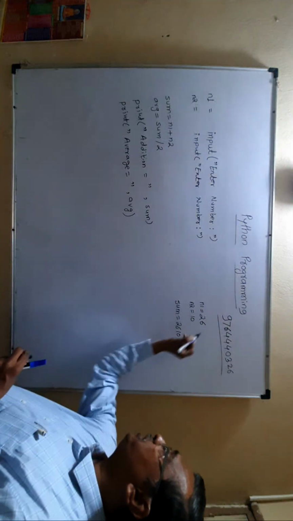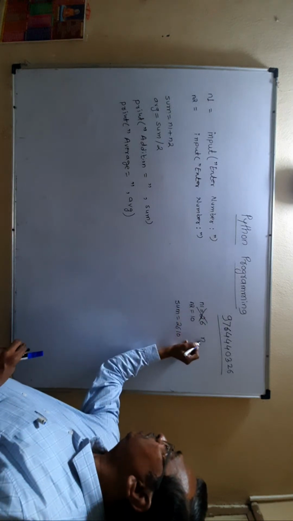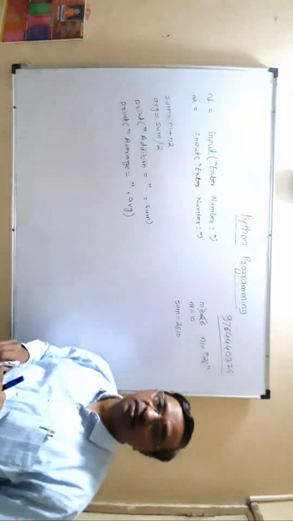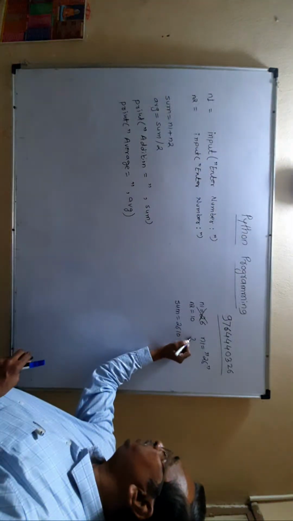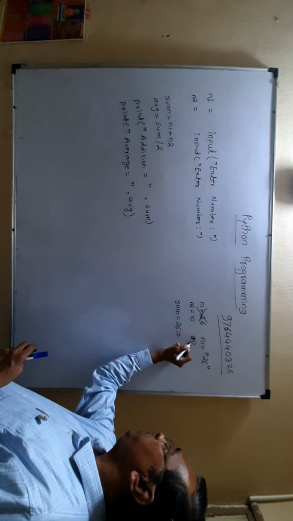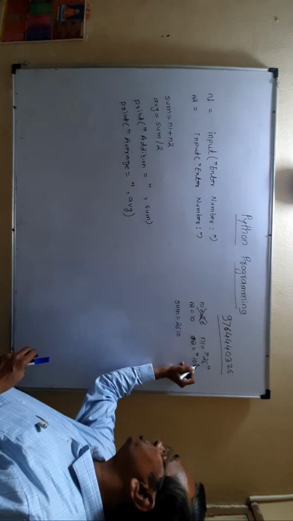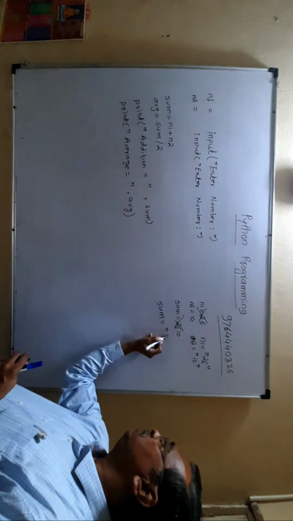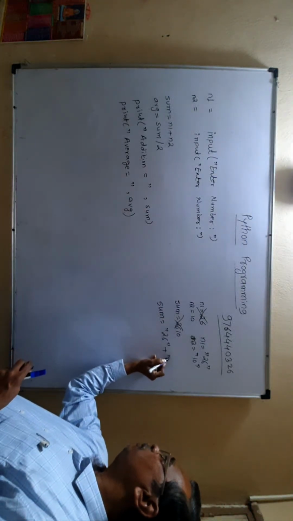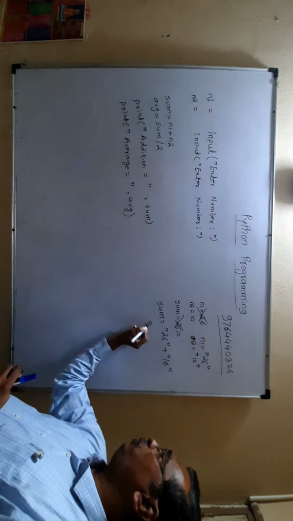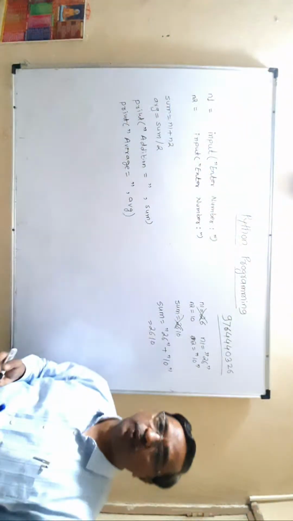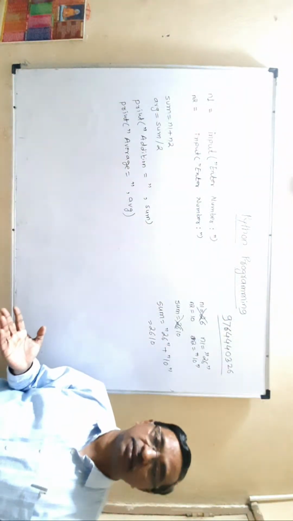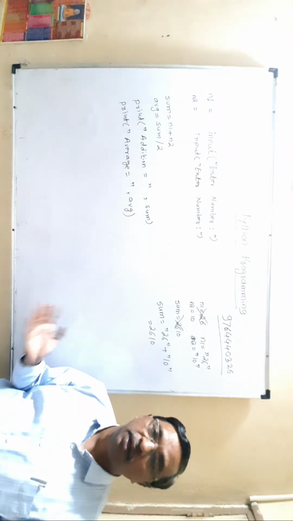So it won't consider 26 as a number, it will consider it as a string, and n2 as a string, and the sum will be calculated as string 26 plus string 10, which becomes 2610. When the plus sign is present on both sides of strings, it concatenates the strings.